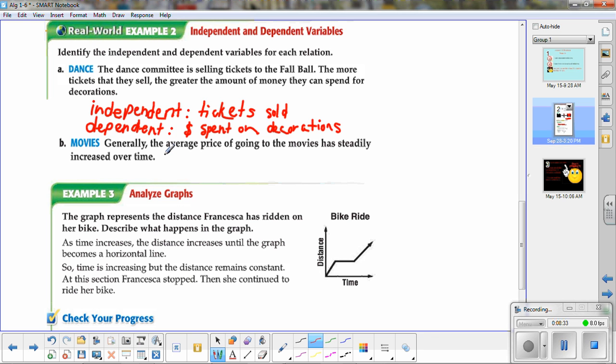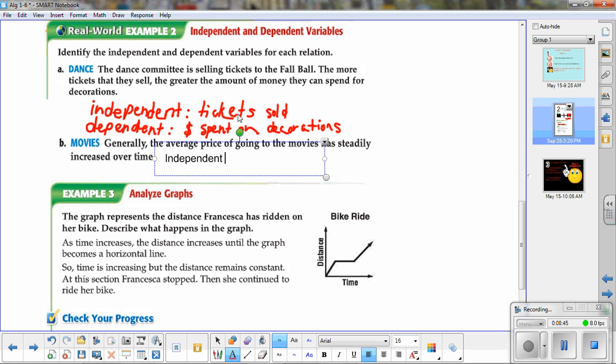So time is our independent variable. The dependent variable would be the price of going to the movies.